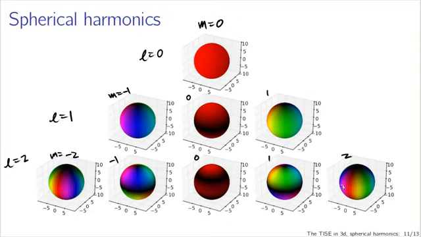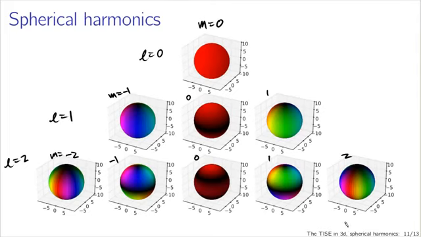As you go away from the m equals 0 column, you stop getting these dark bands with theta. Here I had 2, here I only have 1, here I don't have any, but you start seeing a dark spot at the pole, and you start getting angular dependence here. The colors start swirling around, and the further away you go, the more the colors swirl.